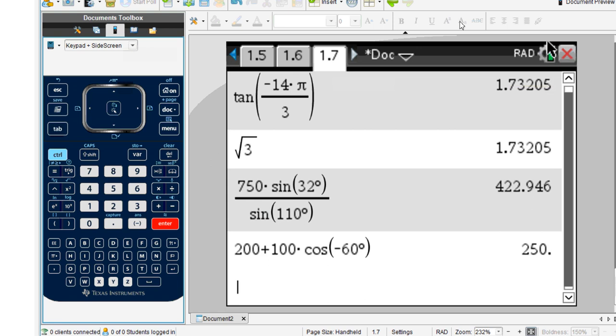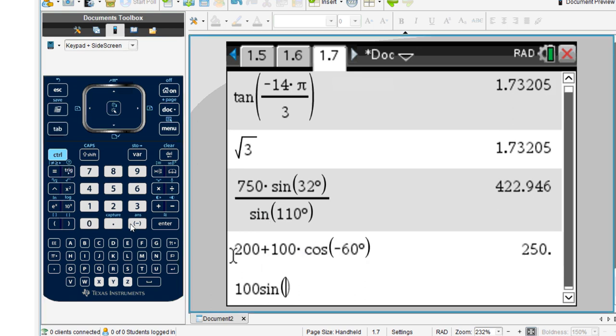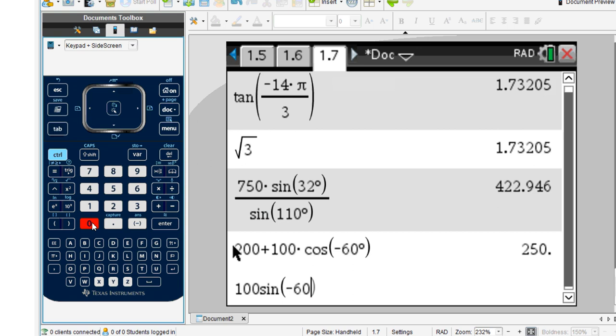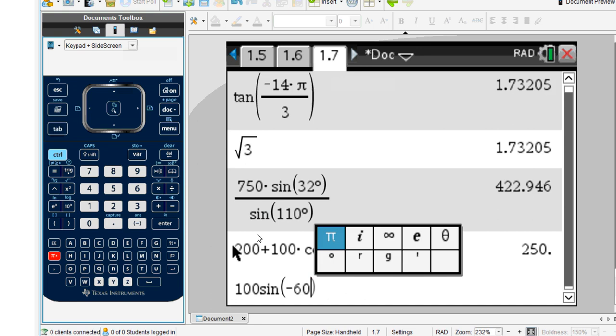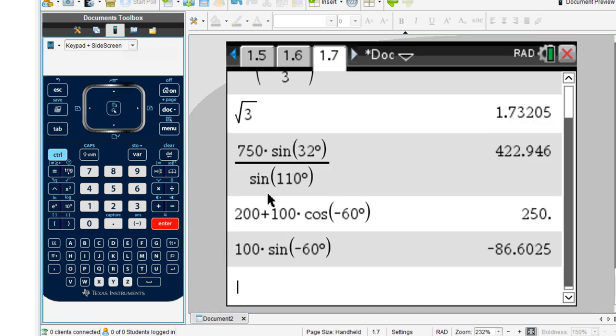For the other one, we have 0 plus 100 sine negative 60 degrees, and this one's going to be negative square root of 3 over 2 times 100. So we're going to get negative 86.6.